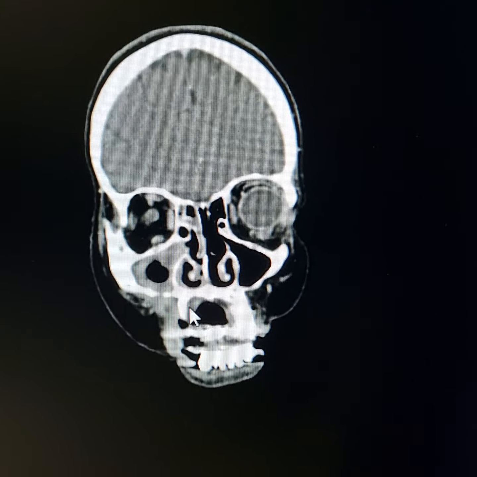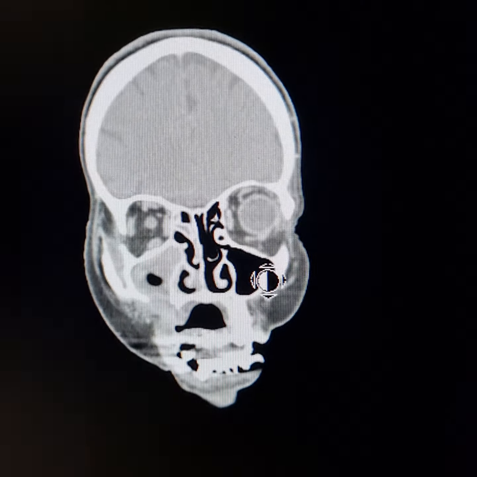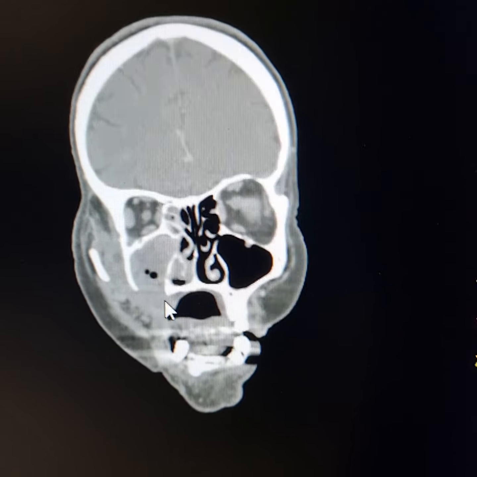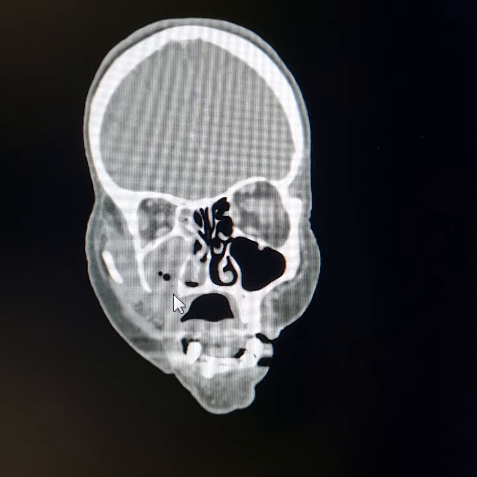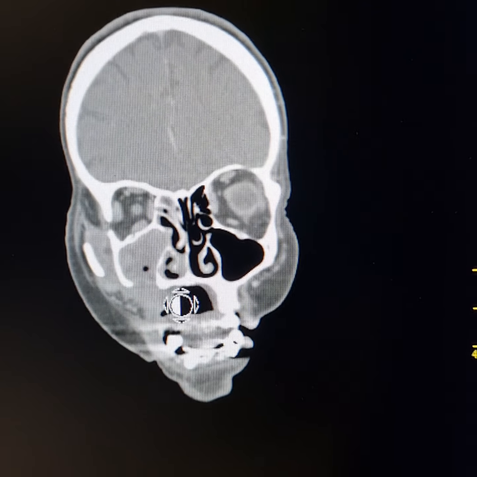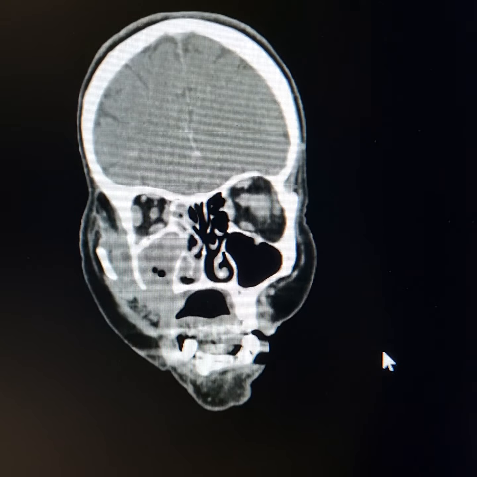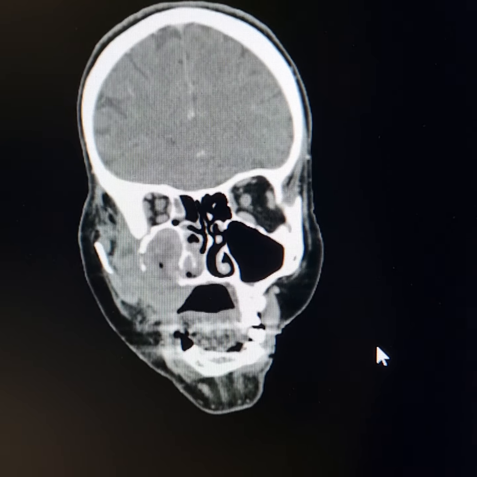Now this is the coronal scan. Mucosal thickening is present in the anterior part of the right maxillary sinus. Please observe the eroded inferior wall. Now, since partial maxillectomy has been done, the posterior part of the right superior alveolar arch is absent.